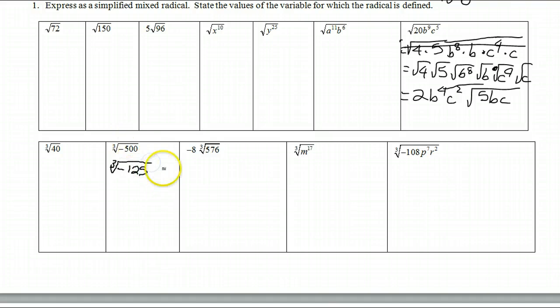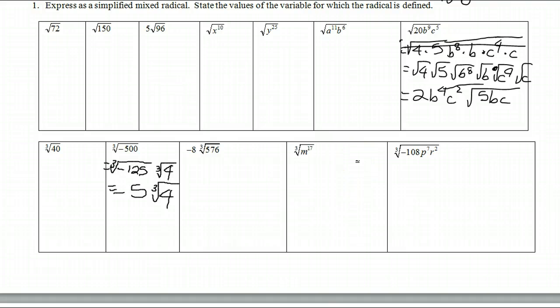And 500 is 125 times 4. So the cube root of 4, and remember the 3, the index, right? These are cube roots. So it's negative 5, that's the cube root, okay? And this is equal to negative 5 times the cube root of 4. Okay, so that's simplifying a mixed radical, right?